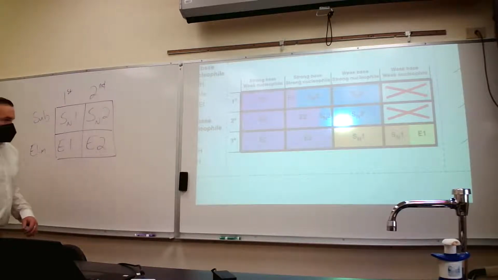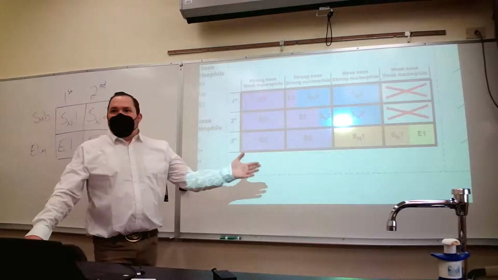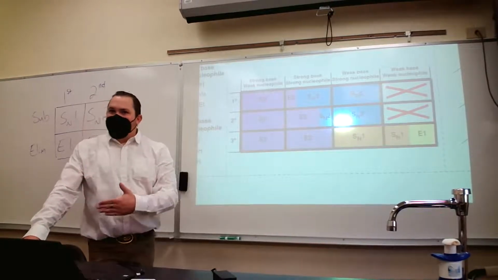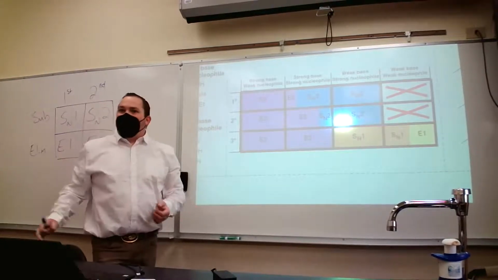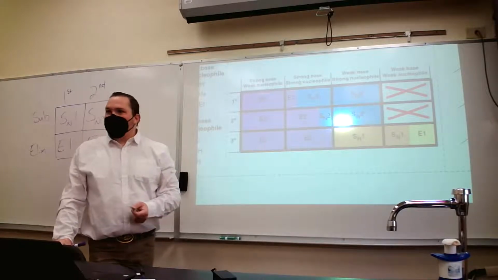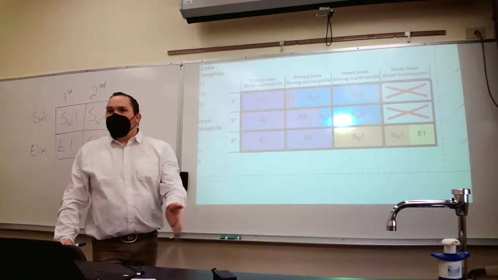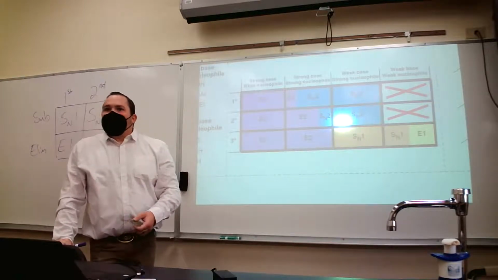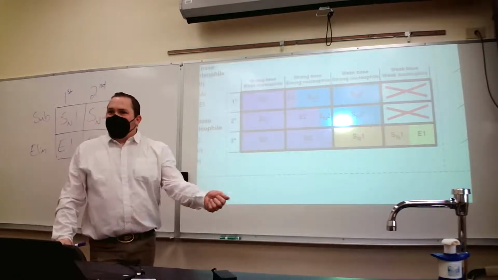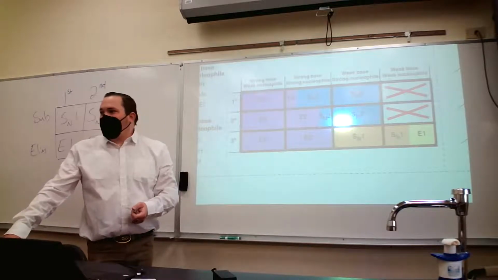And so when I say draw all possible products from all mechanisms, I mean go through, look at SN1, and draw all the products that SN1 makes. Look at all the products SN2 makes, cross out any of their duplicates. Look at all the elimination products, first order and second order. So that can be a long problem.